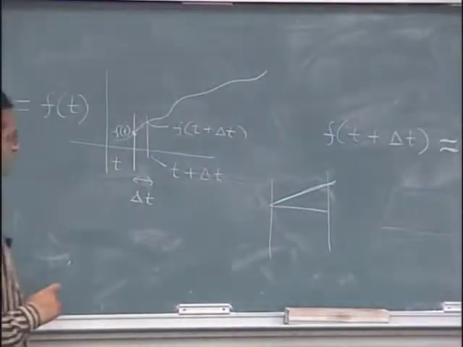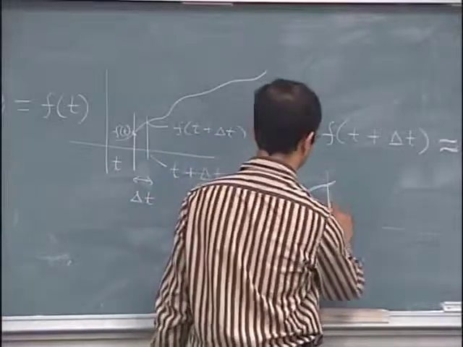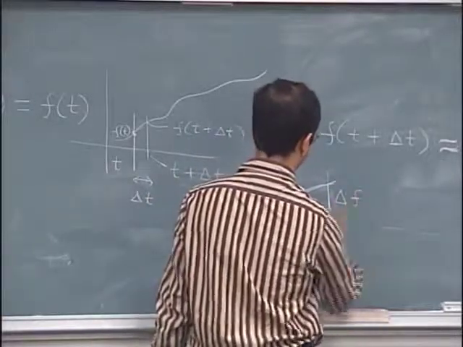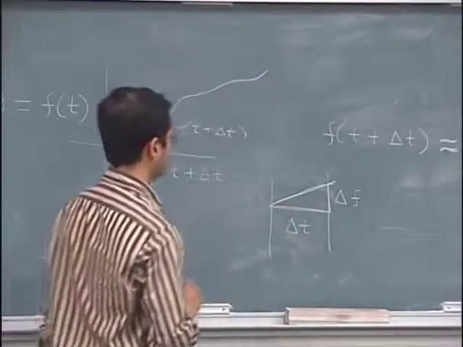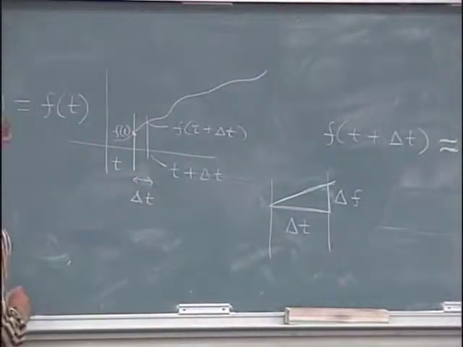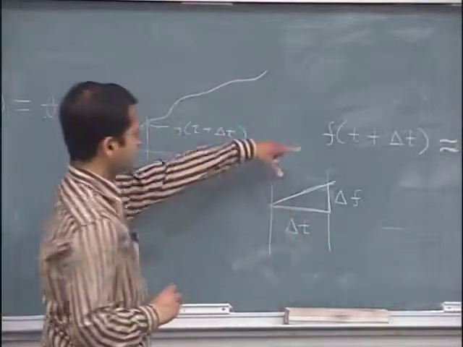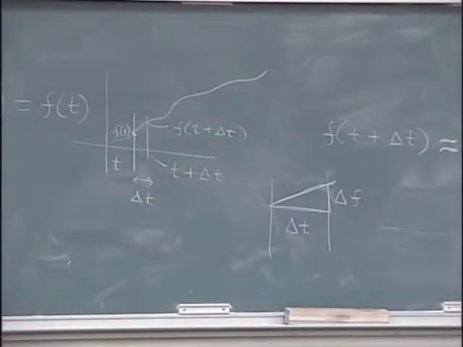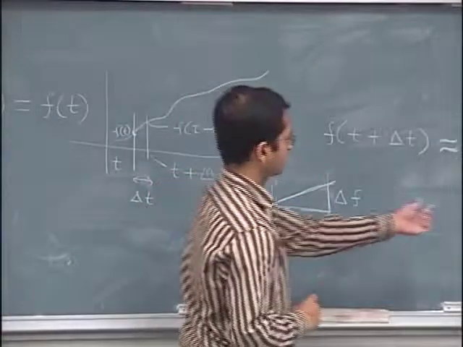Okay, so that's the idea, that this is delta f and this is delta t. So you write f(t plus delta t) as delta f divided by delta t times delta t.